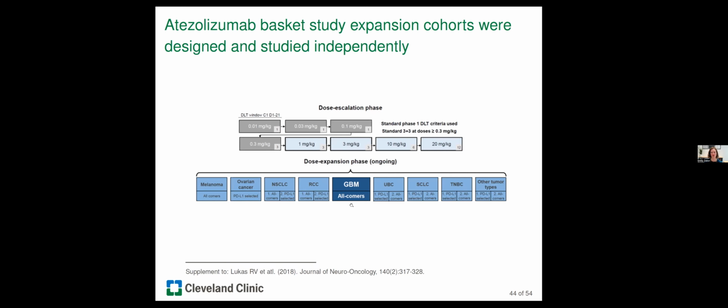So this was a basket trial, but in the setting of atezolizumab, the expansion cohorts were designed and studied independently, which is a somewhat common approach to basket studies still.